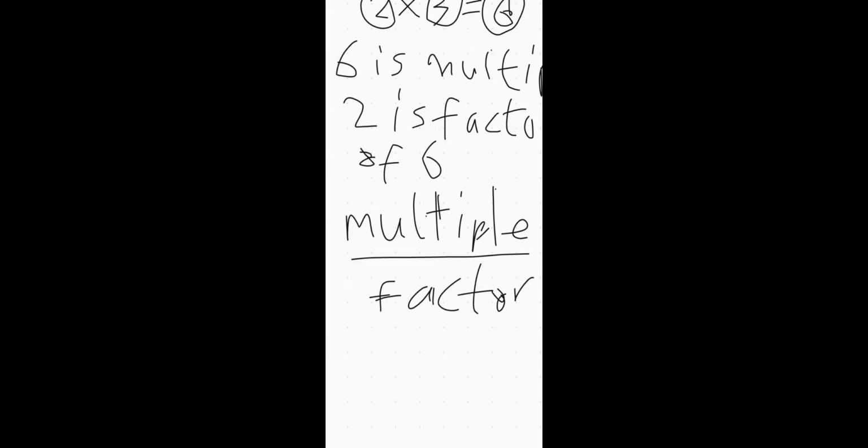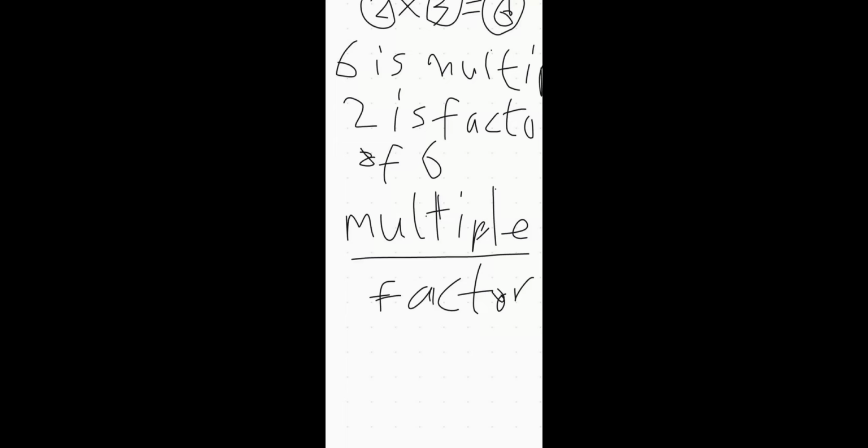4 times 5 is 20. Now, if you say 20, that means that 20 is a multiple of what? 4 and 5, isn't it? Yes.